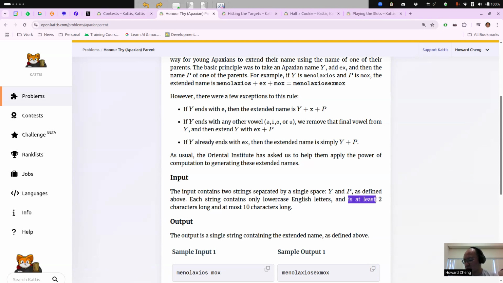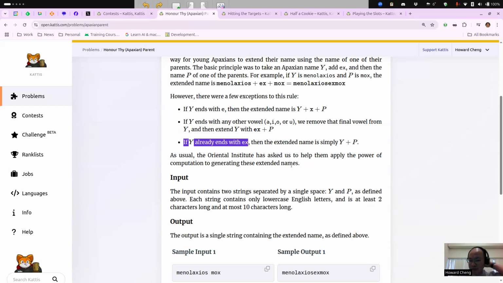This is perhaps the more important part, at least two characters long. Why? Because at some point I might want to ask, does Y end with EX? If the string always has at least two characters, I don't have to worry about checking the last two characters and running out of bounds because I always will have at least two characters.